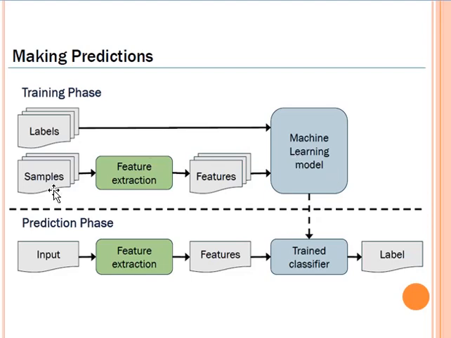Along with all these things, we are also providing the labels of these samples, right? In a neural network, these labels help the network to determine the error between the actual value and the predicted value, right?